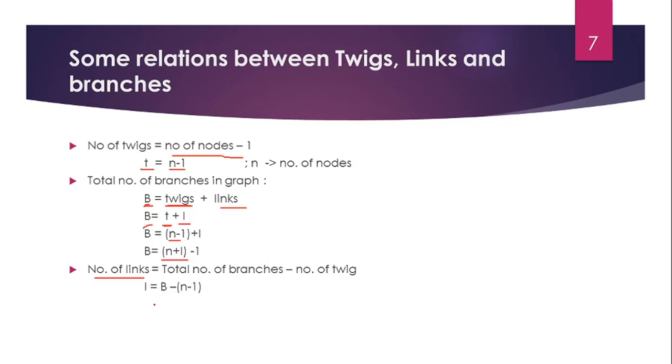So the number of links is B minus (n minus 1), so it becomes B minus n plus 1. This is the relationship between the total number of branches, nodes and links. So this is from this lecture.